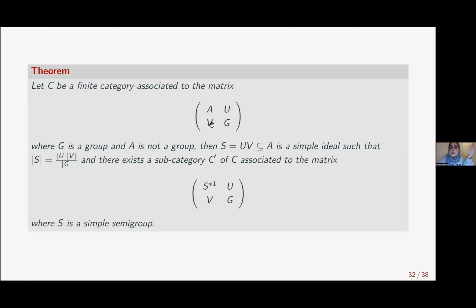So UV is the image and it's inside of A. And this tells us that if I have a group here, all the multiplication of elements in U and V will go only to the simple ideal of A, which is the interesting part.